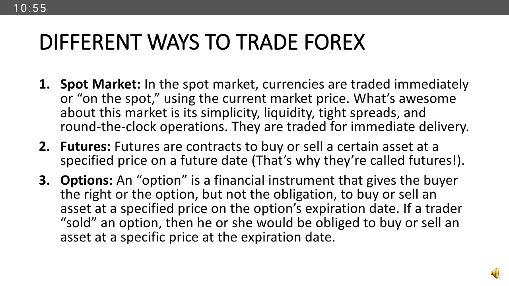The third way in which you can trade forex is the options. An option is a financial instrument that gives the buyer the right, or the option, but not the obligation, to buy or sell an asset at a specified price on the option's expiration date.